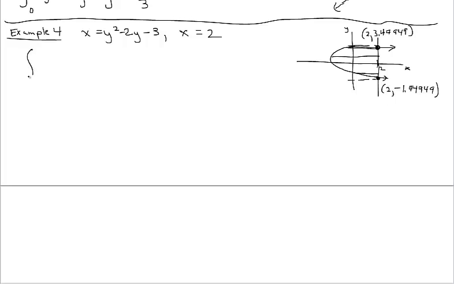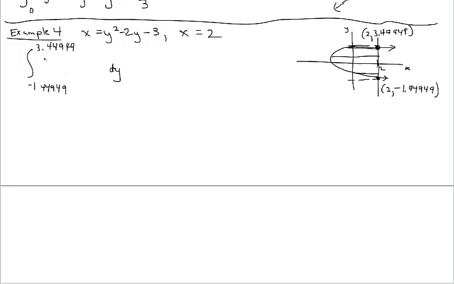All right, so let's do the setup that represents the area in this region. To keep myself on track, I always like to do this first because I know I'm differentiating with respect to y, so that just reminds me that everything in my integrand needs to have a y in it if there is a variable. So lower y value, negative 1.44949, and up here.